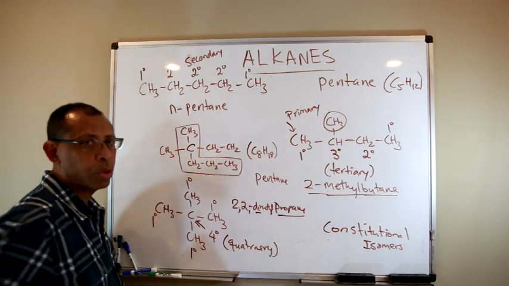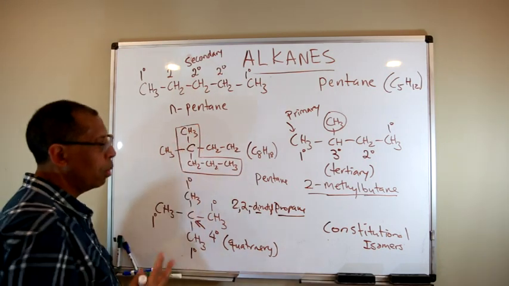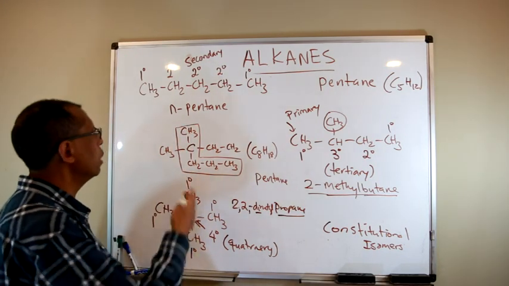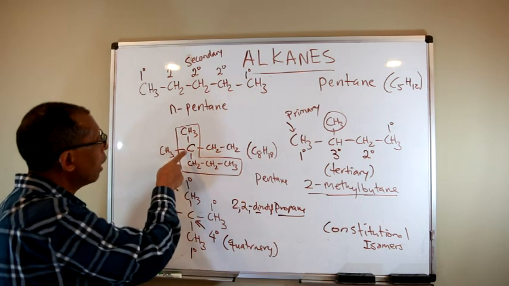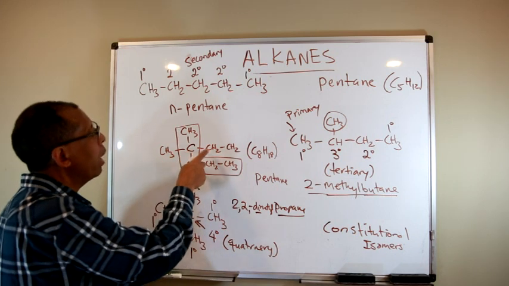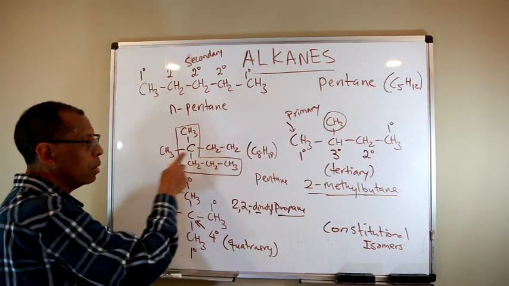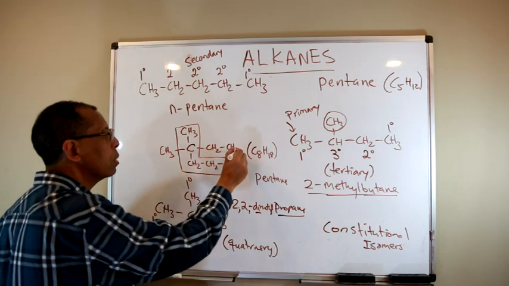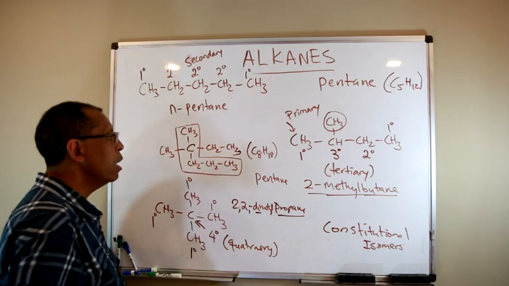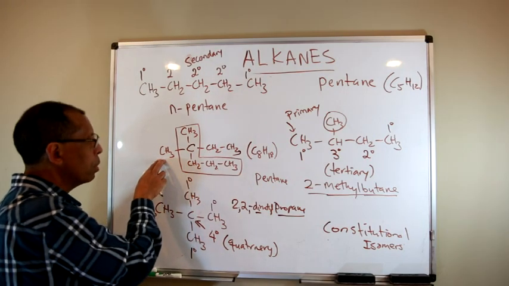These are called the substituents. You always have to give the lowest number. So this is at position 2. At position 2 you have an ethyl group and a methyl group. CH2CH3 is called an ethyl group, and a methyl group.